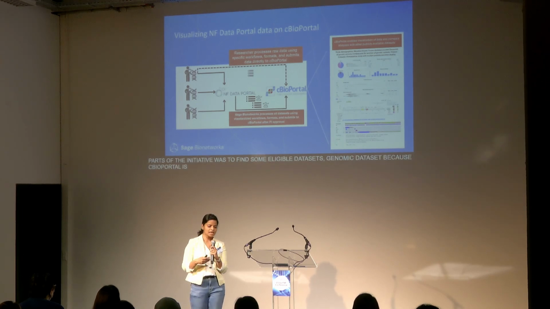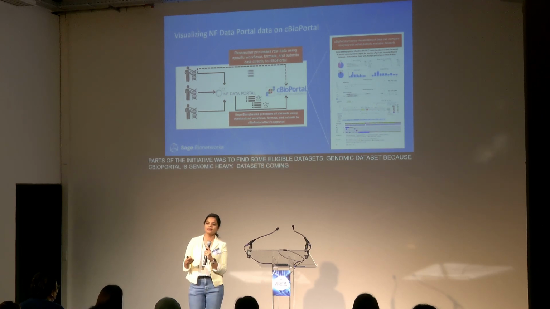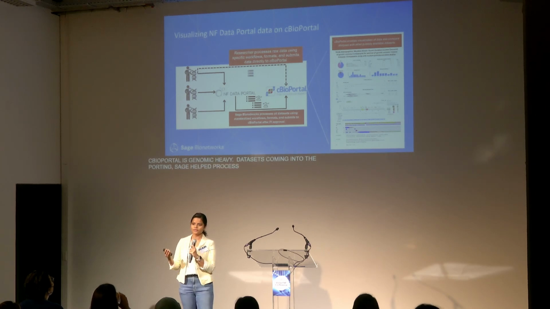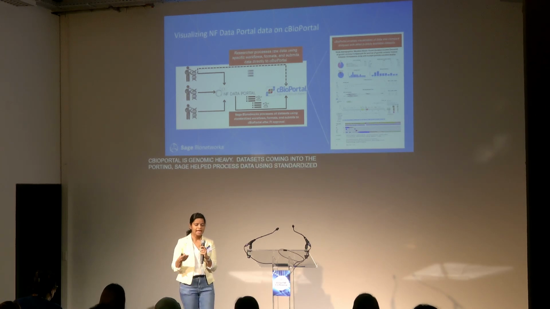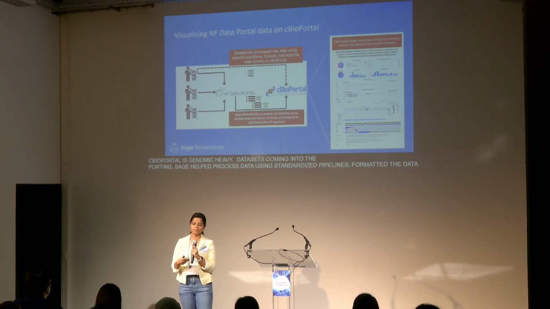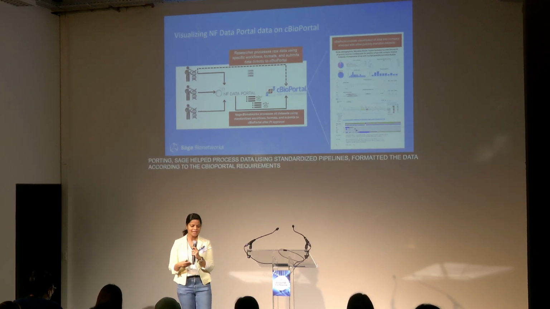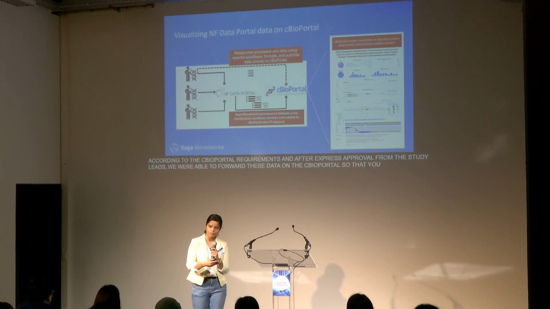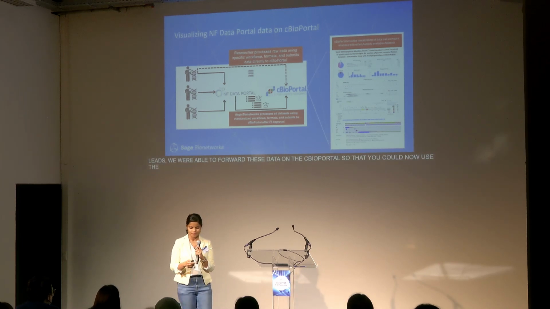Sage Bionetworks helped process these data using standardized pipelines, formatted the data according to the cBioPortal requirements, and after express approval from the study leads, we were able to forward these data to cBioPortal so that you could now use the visualizations of cBioPortal to explore some of these data.